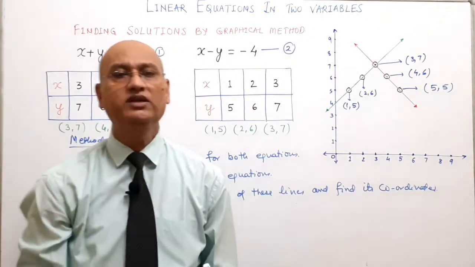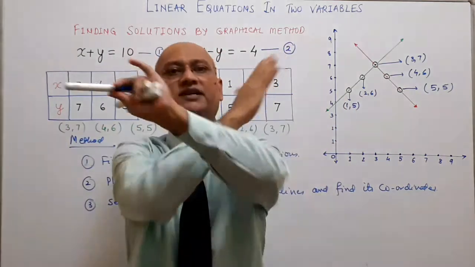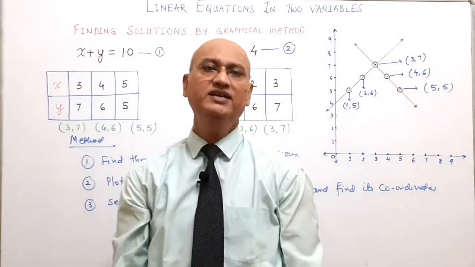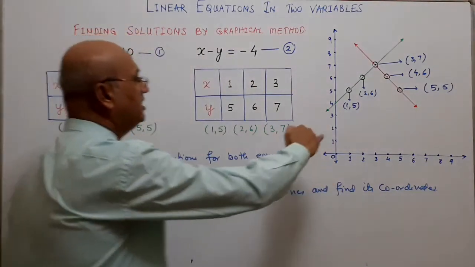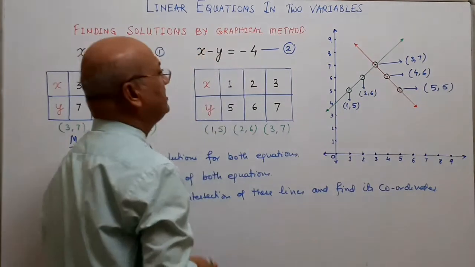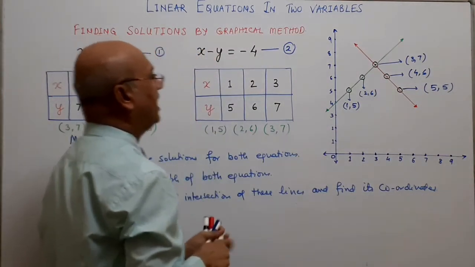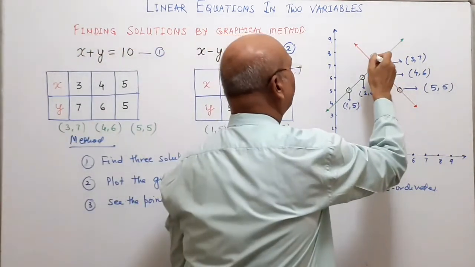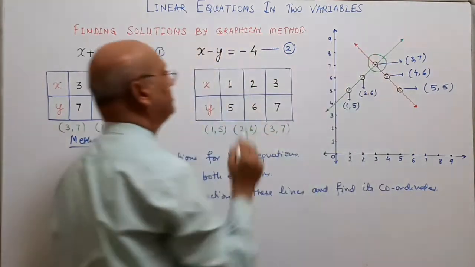Intersection point, you must be knowing that the point where the two lines intersect each other is known as intersection point. Now see here, this line and this line, their point of intersection, I am going to just highlight this. This is the point of intersection. Can you see this? This is the point of intersection.